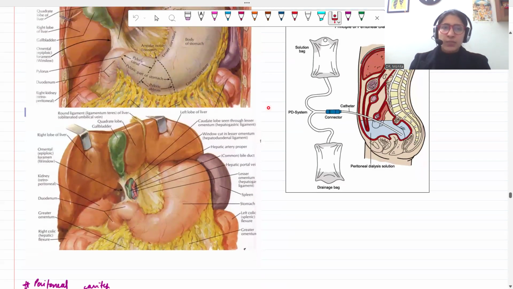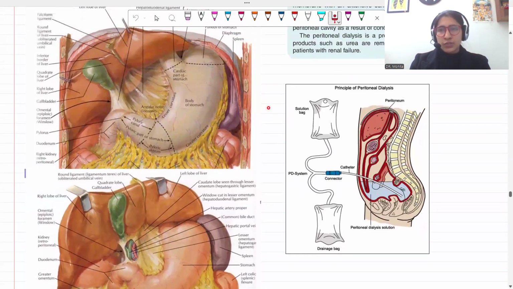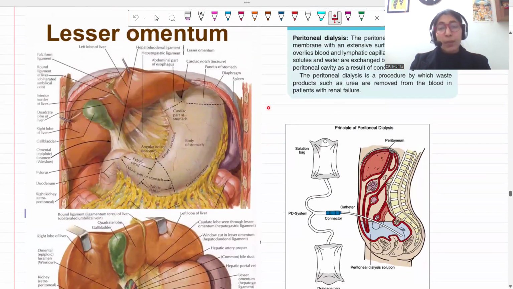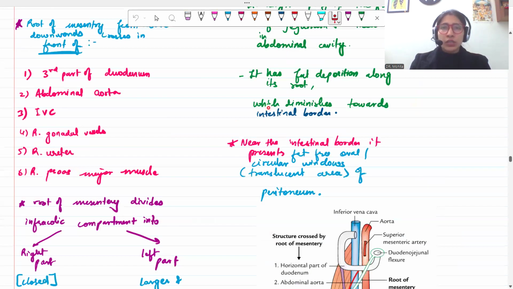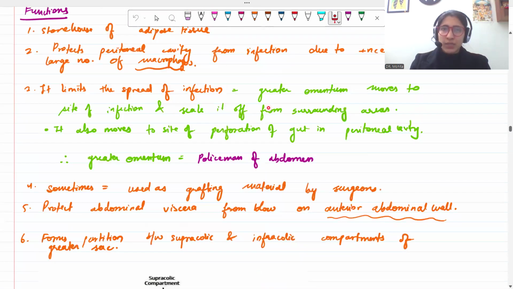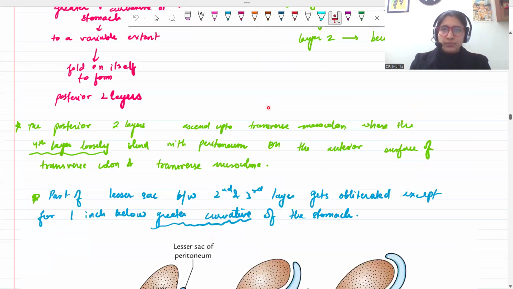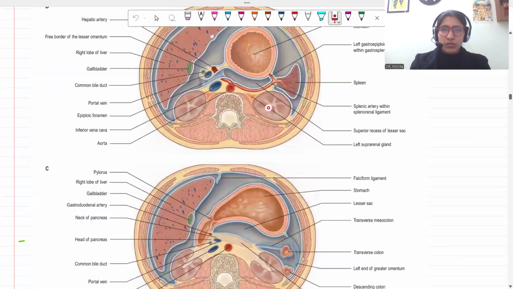So these three things are present in the right free margin of the lesser omentum. That's what I wanted to tell you about the lesser omentum. Now moving on to the falciform ligament, which is a sickle shaped ligament. I hope I didn't miss it, it didn't go below, did it?